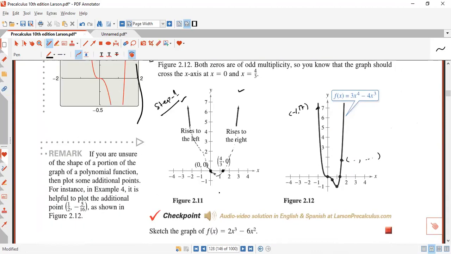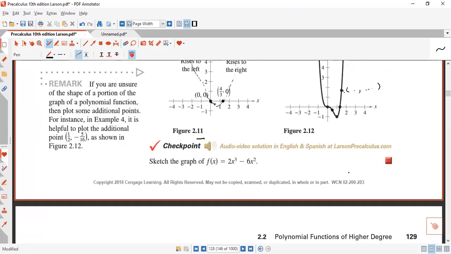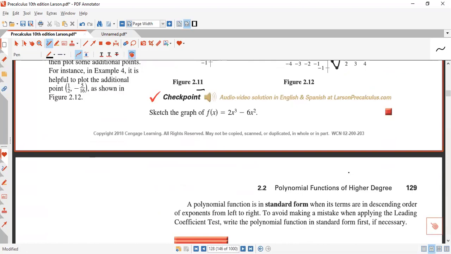So the method is, after following these 4 steps, you have to construct the graph in 2 steps. One is to roughly sketch it, just like with these arrows. Clear? And the second step, you have to join with smooth points. Means after plotting the extra points here, you have to finalize the graph. Okay, so that will give you the sketch, or roughly the idea, of the graph of a polynomial.